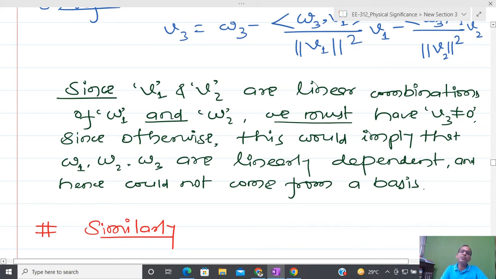So there is no need to check whether W1, W2, W3 are linearly dependent or linearly independent. You can start with any. If they are linearly dependent, then automatically your algorithm terminates.